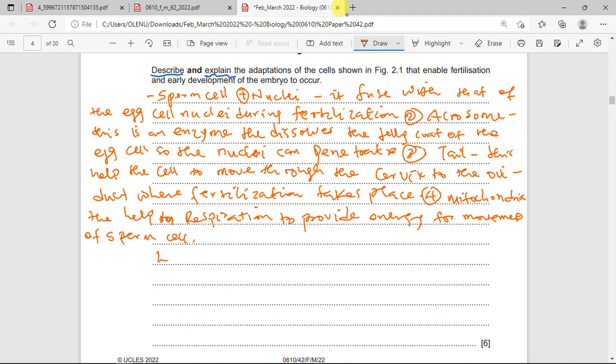Then next, I'll bring in the egg cell. Now, the adaptation is that egg cells have a jelly coat on the surface.